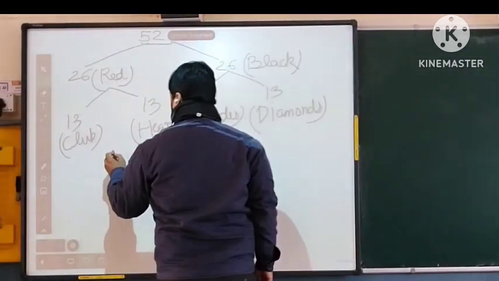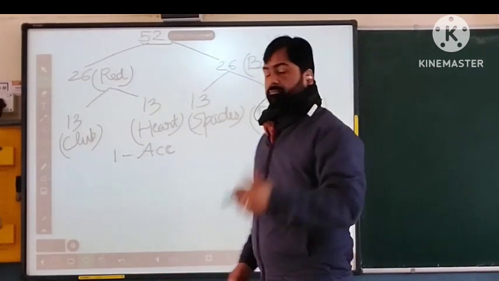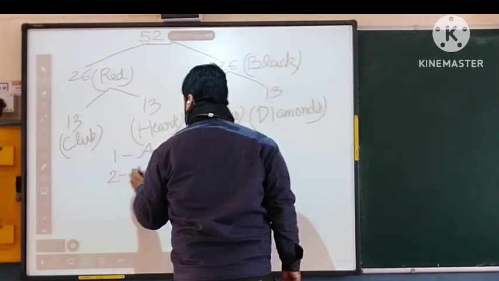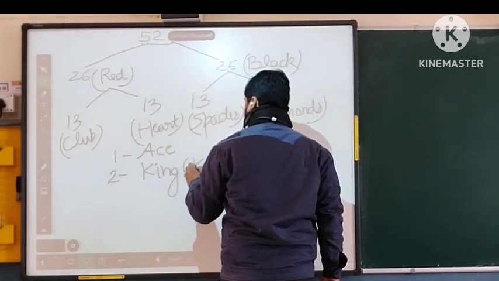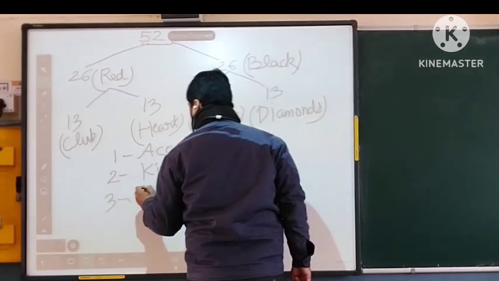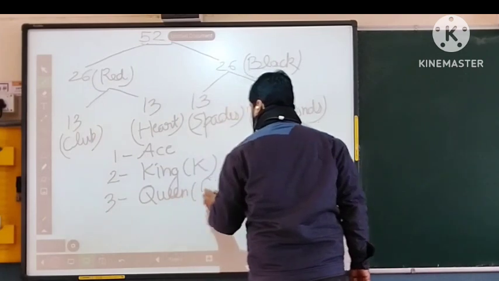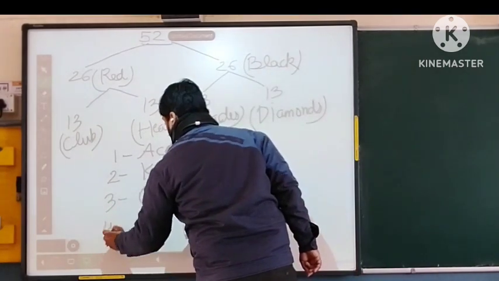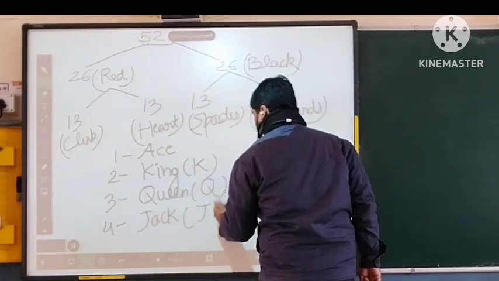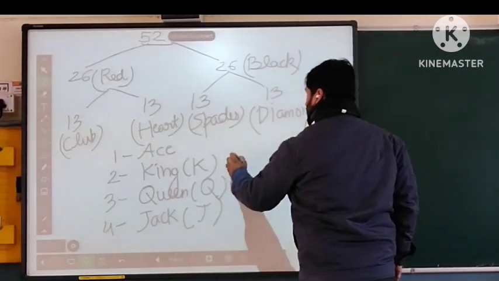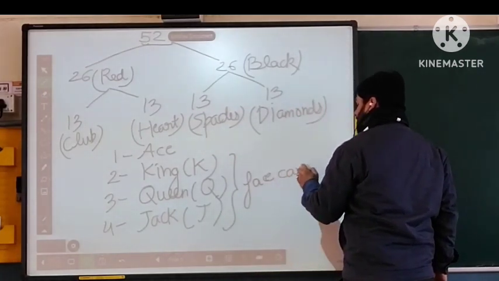And in each suit, there is one card which is called ace, shown by A. Then the second card is the king, shown by the letter K. Third, we have the queen, shown by the letter Q. Then fourth is the jack, shown by J. Now children, K, Q, and J are also called face cards.